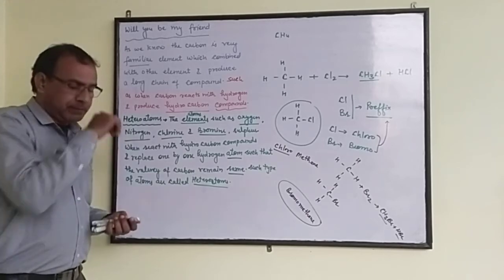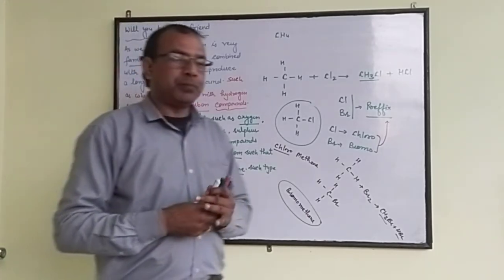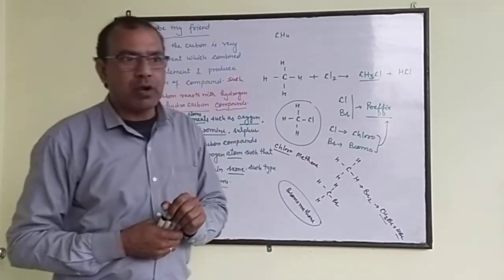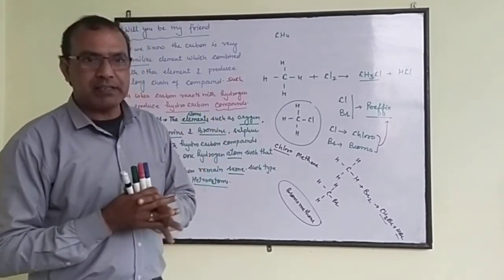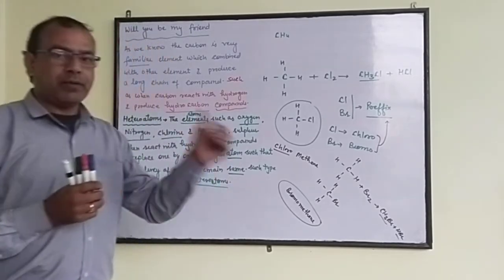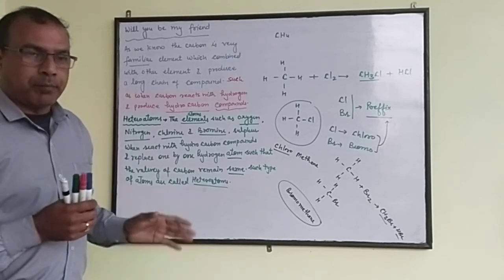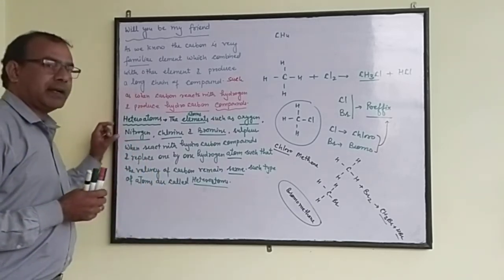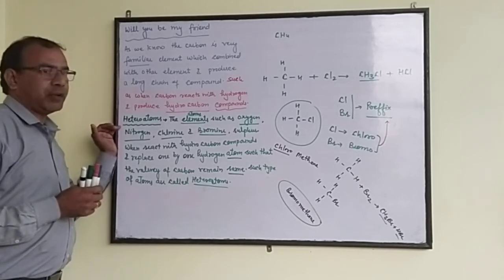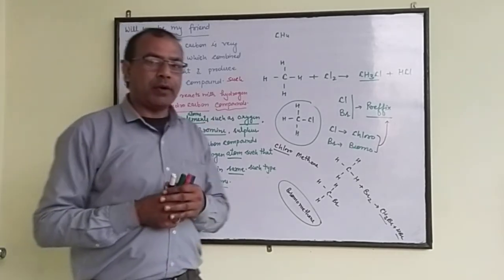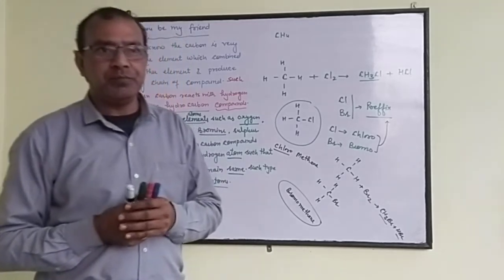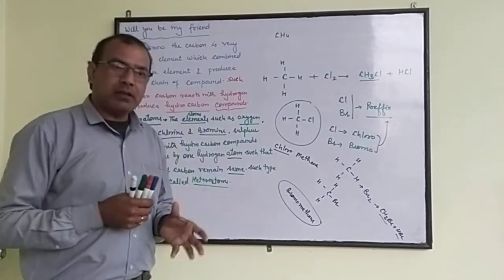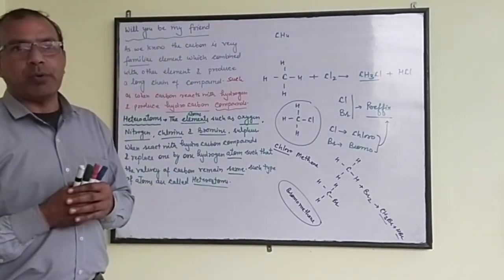What do you mean by heteroatoms? One more time: the atoms which combine with the hydrocarbon compounds and replace hydrogen atoms one by one, but the valency of carbon remains the same, are known as heteroatoms. Examples of heteroatoms are nitrogen, oxygen, sulfur, chlorine and bromine.